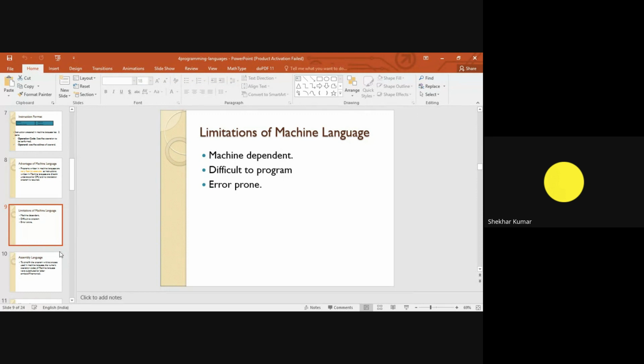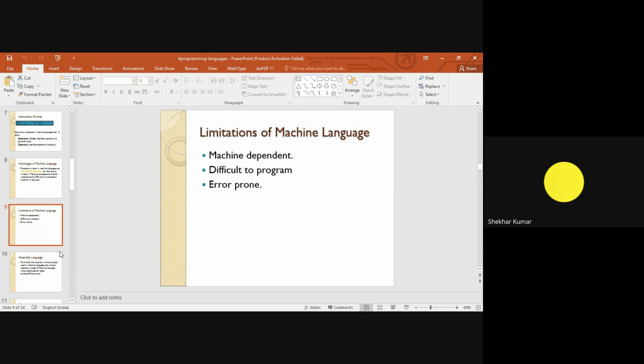To develop a program in machine language is very hard to understand and program, because it is in the form of 0s and 1s. If everything is in the form of 0s and 1s, it is very hard for us to understand. If any value or string is translated into binary representation, in opcode form, it is very hard to understand what is written.